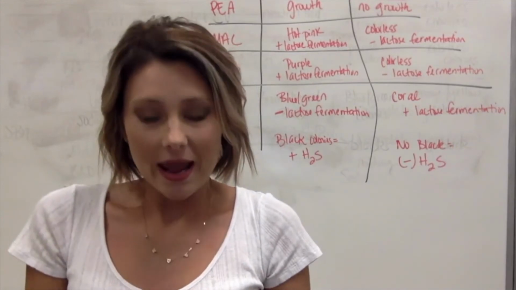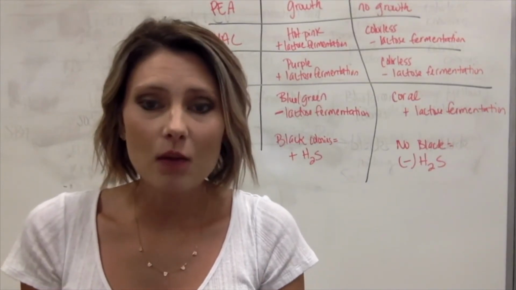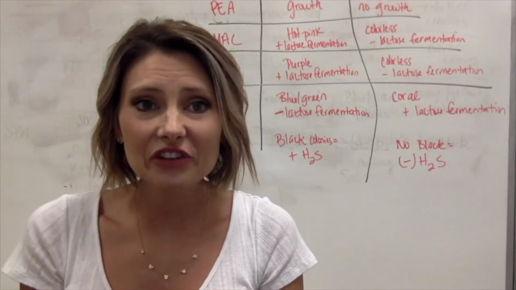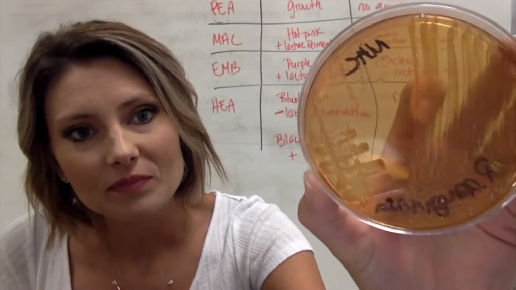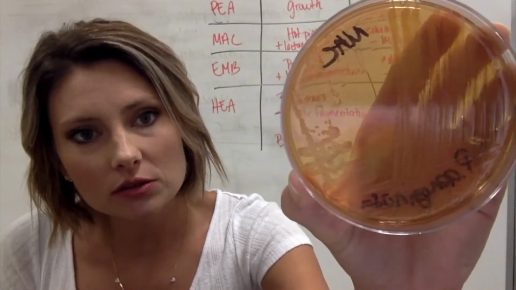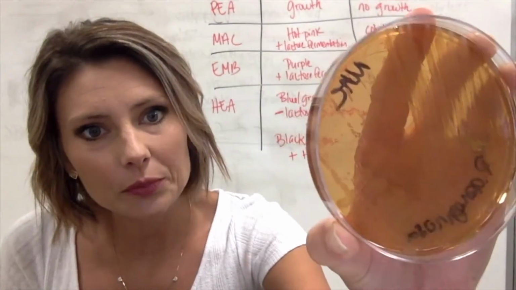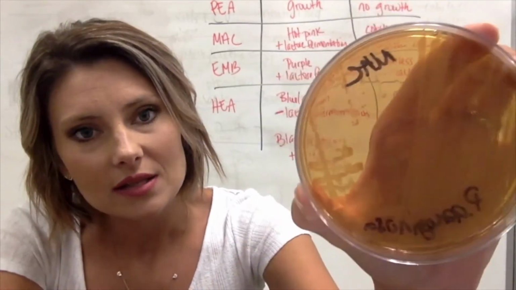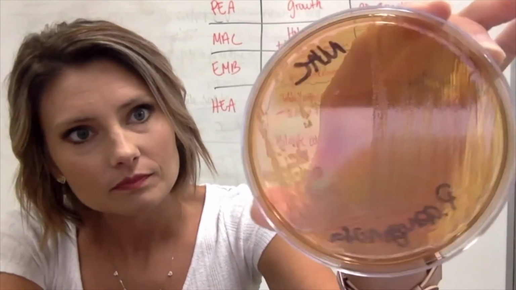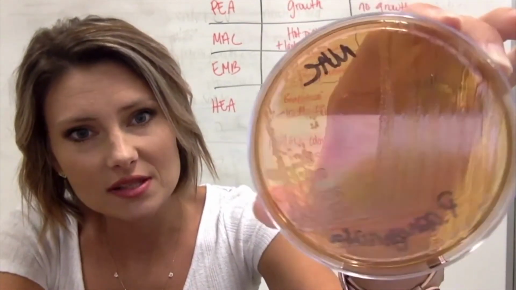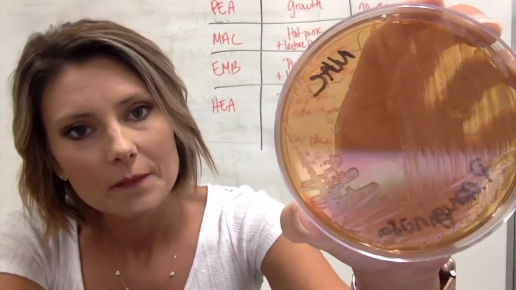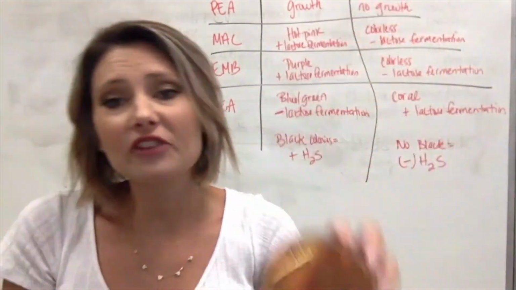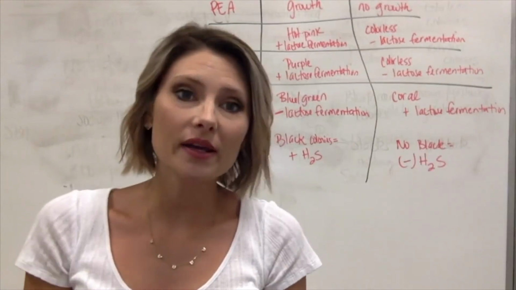Now, the other bacteria I looked at was Pseudomonas. A negative reaction would be colorless colonies. As you can see, they are the same color as the media pretty much. They're very colorless. There's really no color to these. They're pretty much clear. So that's a negative reaction for MacConkey.